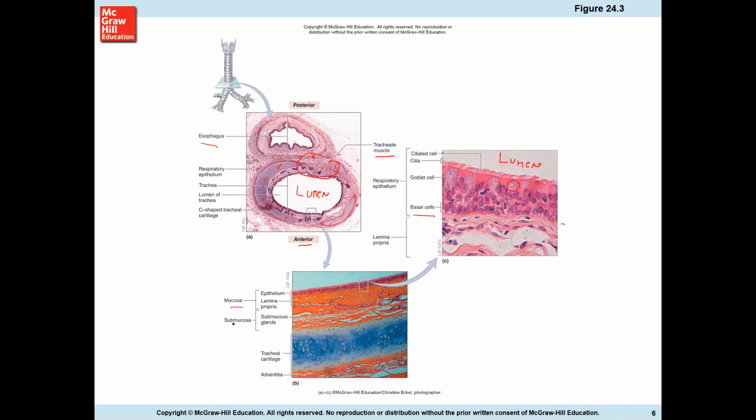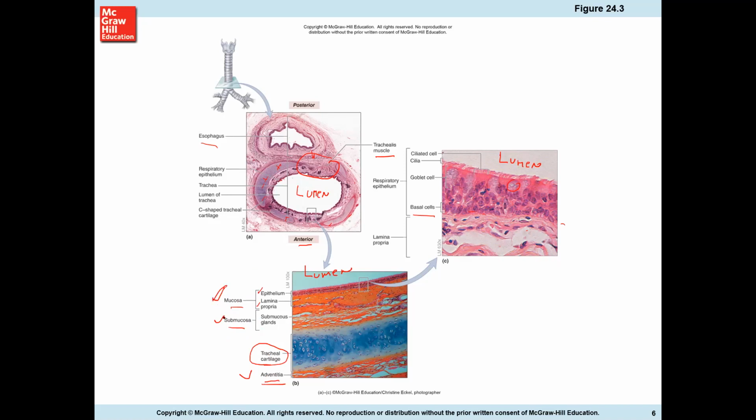You can see the mucosa, the submucosa, and adventitia. And in the trachea, there's a good thick layer of hyaline cartilage, which is tracheal cartilage. So this is pretty much the way it goes. The lumen, the mucosa, which is your epithelium and some connective tissue, then outward submucosa and adventitia. If you remember blood vessels, the adventitia was always on the outside, like the tunica externa, but we're not using those terms now.